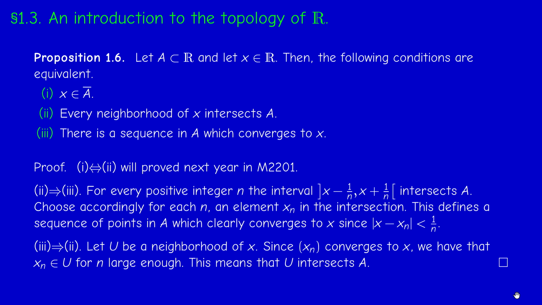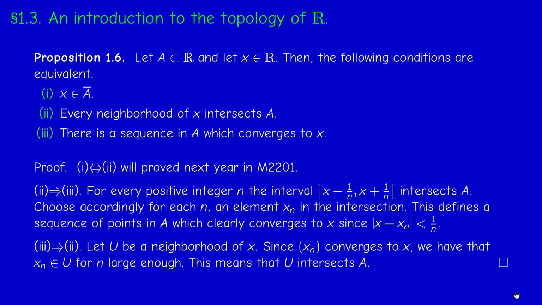Now, 3 implies 2. Suppose that there is a sequence in A converging to x, and let U be a neighborhood of x. We have to prove that U meets A. Since xn converges to x, we know by the previous discussion that starting from a certain rank n0, xn will be in U. So take, for example, xn0. xn0 is in U. And xn0 is actually where?